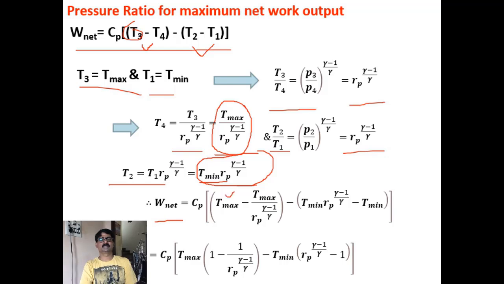T4 is Tmax divided by Rp to the power (gamma minus 1) by gamma, minus T2, which is Tmin into Rp to the power (gamma minus 1) by gamma, and minus T1, which is nothing but Tmin. Cp as it is. From the first two terms take Tmax outside, and from the other two terms take Tmin outside. So inside the bracket you will get 1 minus 1 by Rp to the power (gamma minus 1) by gamma. Here you will get Rp to the power (gamma minus 1) by gamma, minus 1.